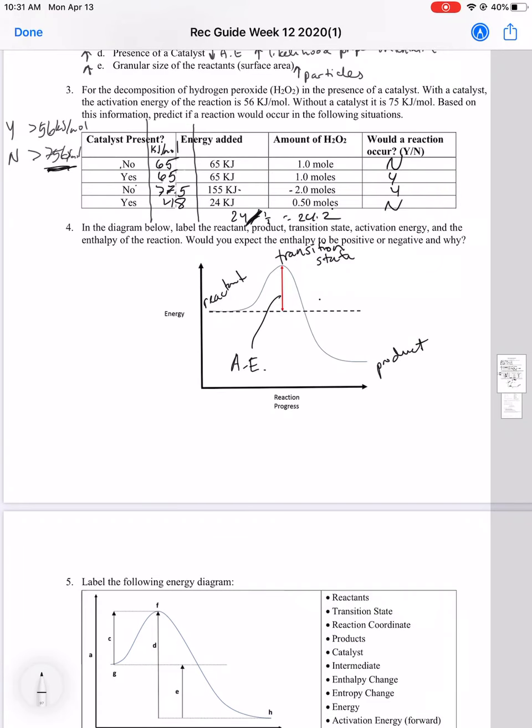And the enthalpy of the reaction, remember, is how much it takes to go from the reactants to the products. And so this is the enthalpy. And in this case, it's going to be negative because the energy of the reactants is greater than the energy of the products.